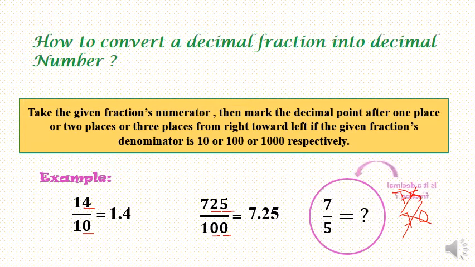So, is it a decimal fraction? Can I write it as a decimal number? So, to write it as a decimal number, it must be a decimal fraction. Is it a decimal fraction? How can I know it? Let's discover.